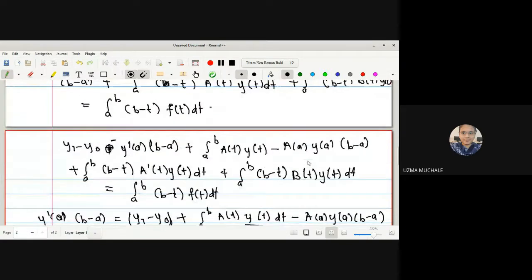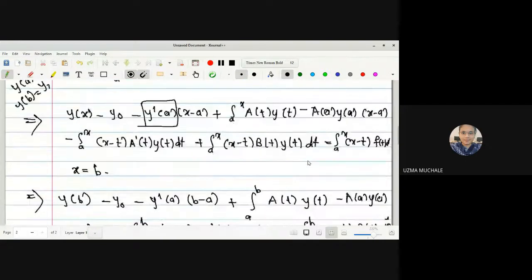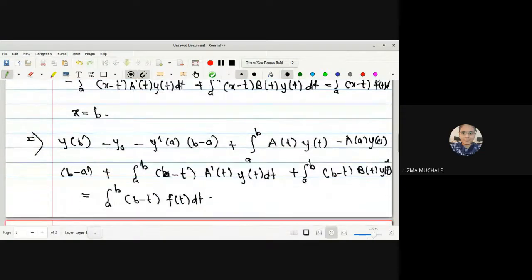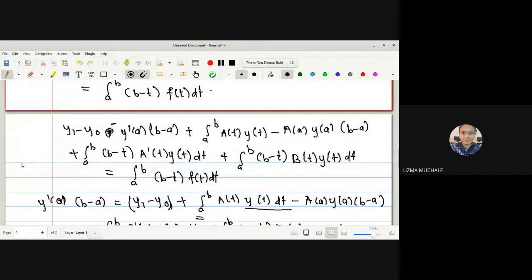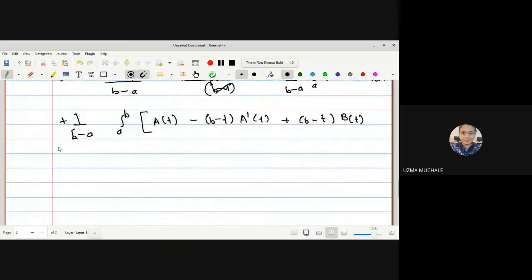A dash with the negative sign. Yes, right. A dash is with negative. So here it should be again negative. So finally, what is left is y of t dt. Okay. So up to now we have arrived.